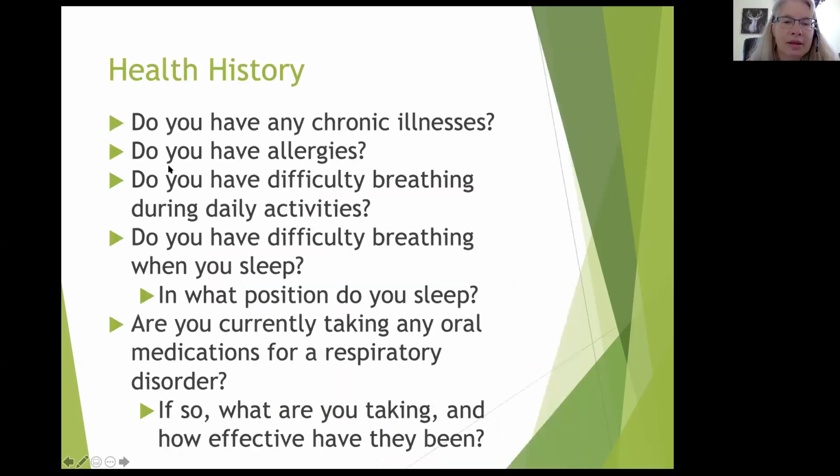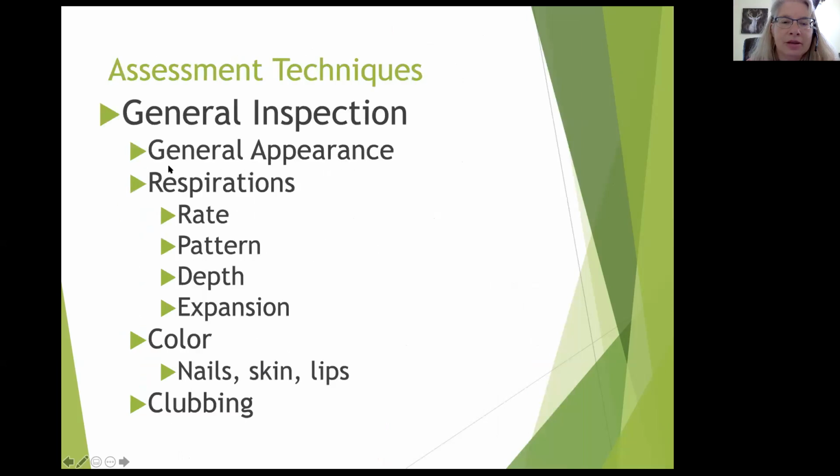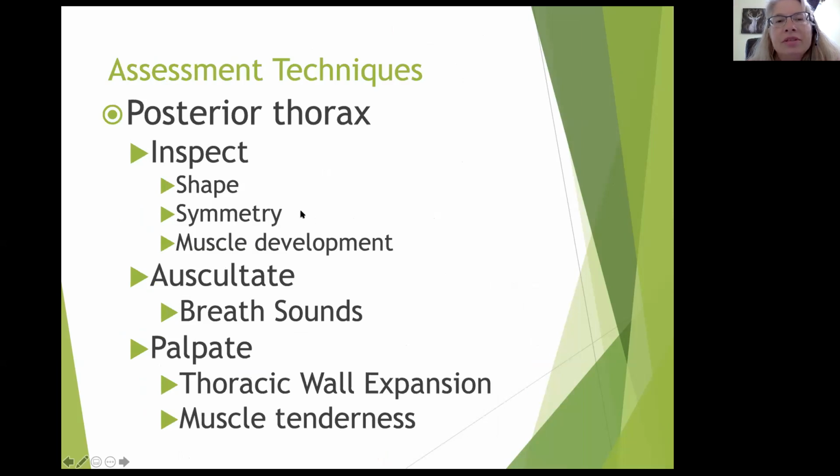All right, and let me get back to where, there we go. Okay, now I will tell you that this is in the wrong order because we should always palpate before we auscultate. Just telling you right now that that's wrong on my slide. So the first thing we're going to do is inspect, and just like we do with anything, we're going to look.